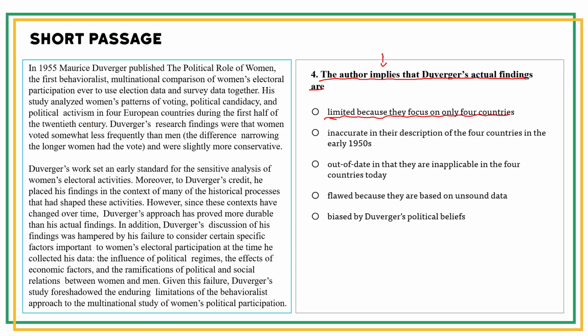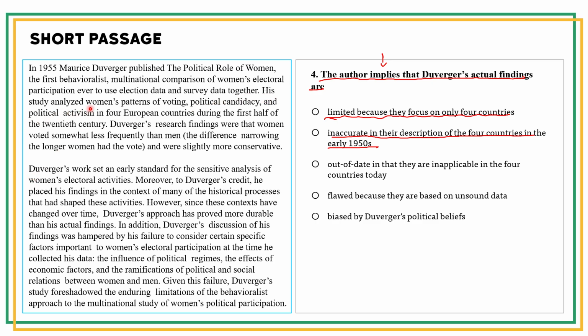Okay, let's move on. Was it inaccurate in the description of the four countries in the early 1900s? I mean, it does say these contexts have changed over time, but before that, it just keeps on saying good things about Duverger's study.